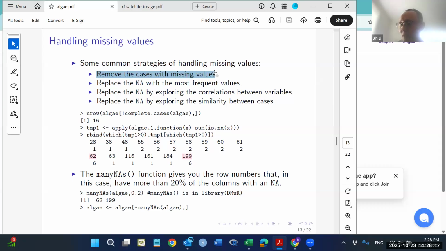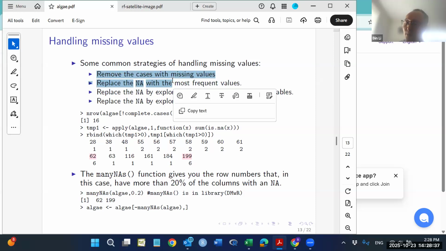But there are some others, and the question you may have is, which one is the best? There's no gold standard that says this one is the best and we should use that. No, it really depends on the situation.